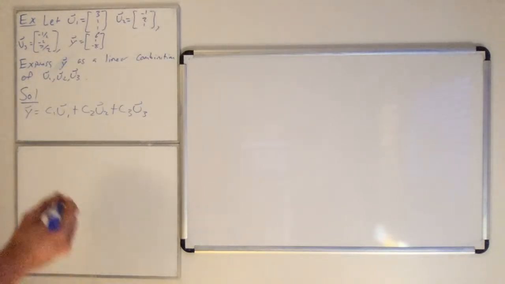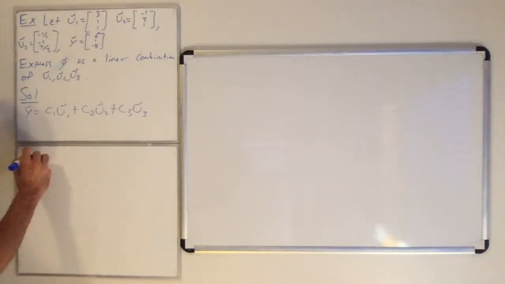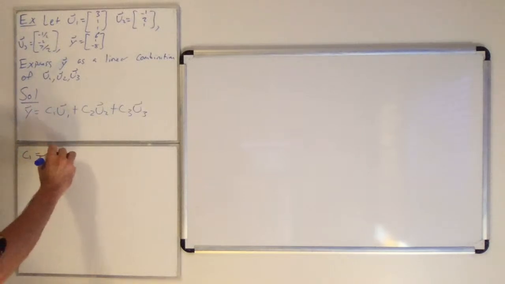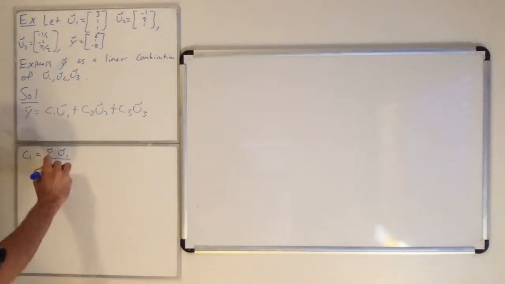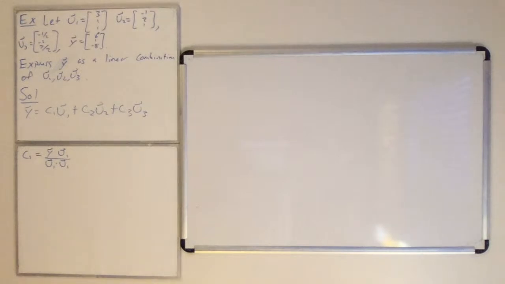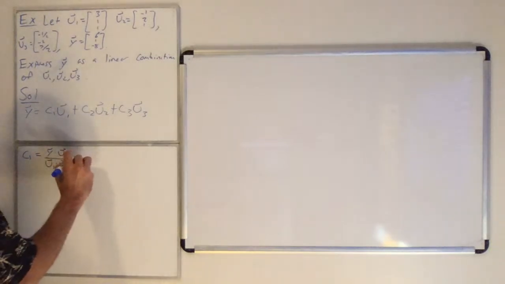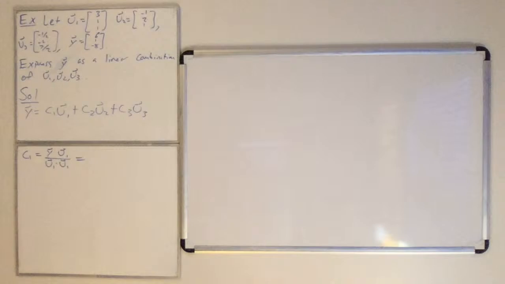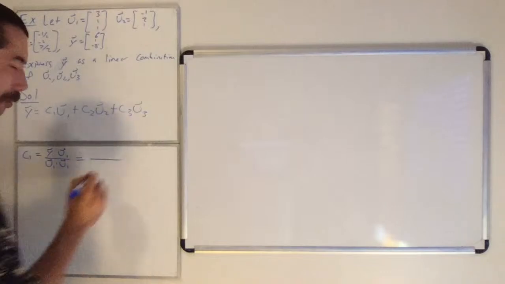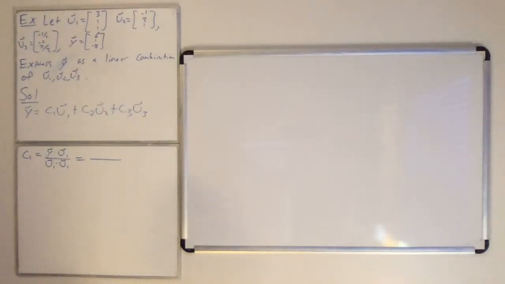So the last theorem told us that to get the coefficient of u1, we do y dotted with u1 over u1 dotted with itself, and we can just work out this calculation. Did anybody have any luck doing this last night, or do we just wait until today? It's fine either way.